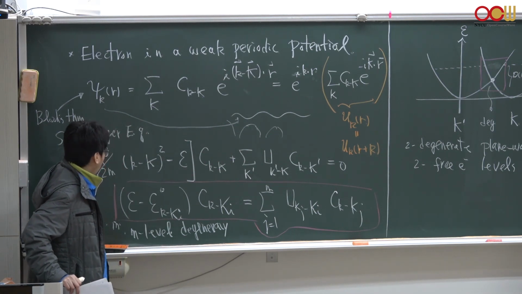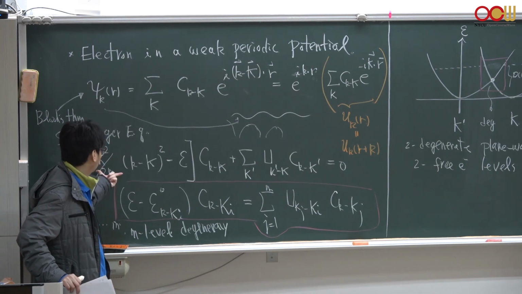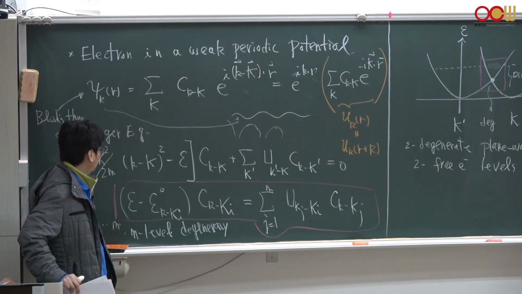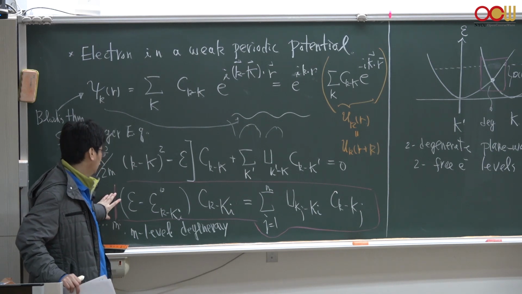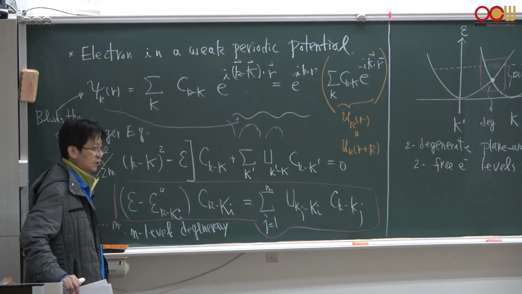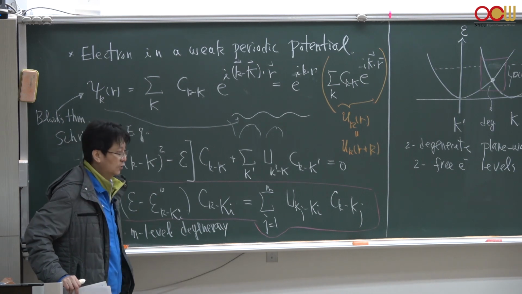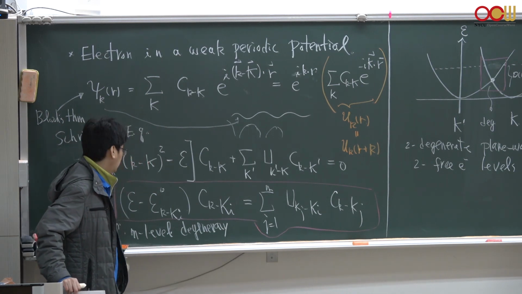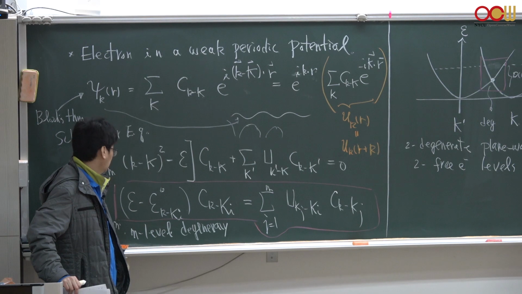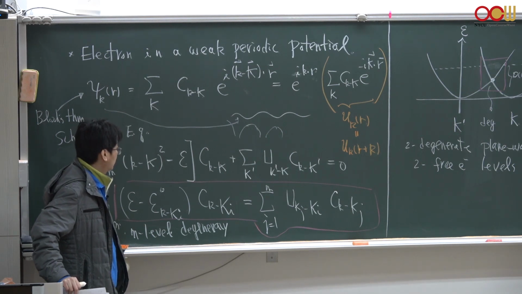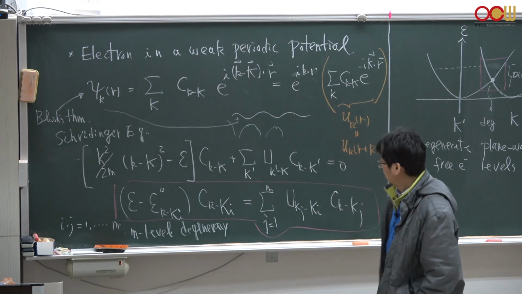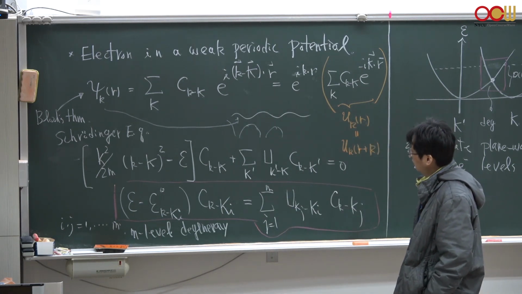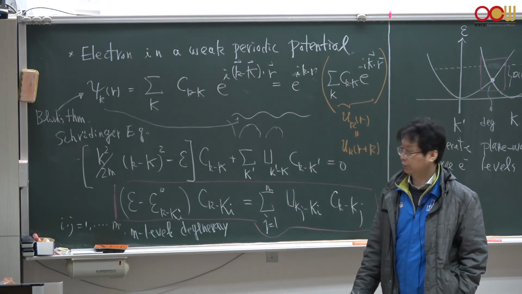After you plug it into the Schrödinger equation, you get this eigenvalue equation, and you could simplify the notation by defining the free electron dispersion epsilon 0, which is h bar squared k squared divided by 2m. And we should solve this eigenvalue problem for the electrons in a weak periodic potential.